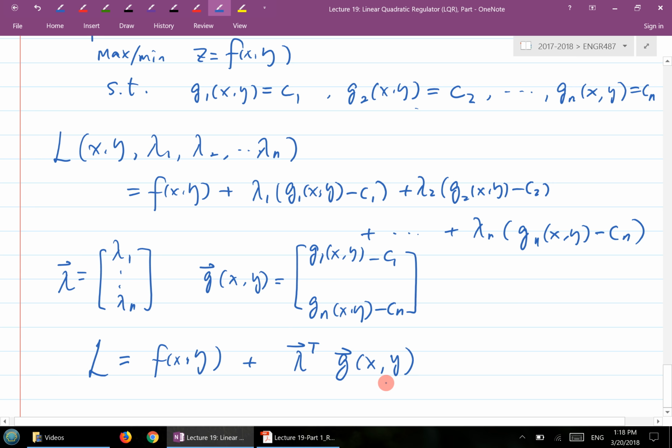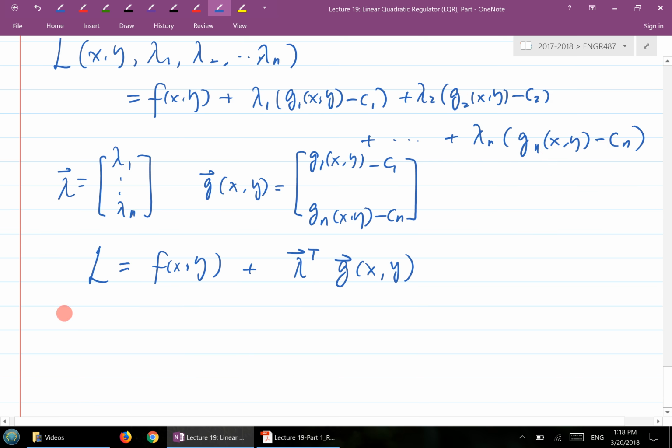So back to this question: if you're asked to find the critical point for the function L, basically we let the gradient del L be 0, and then you're trying to find what this one is and what this one is.